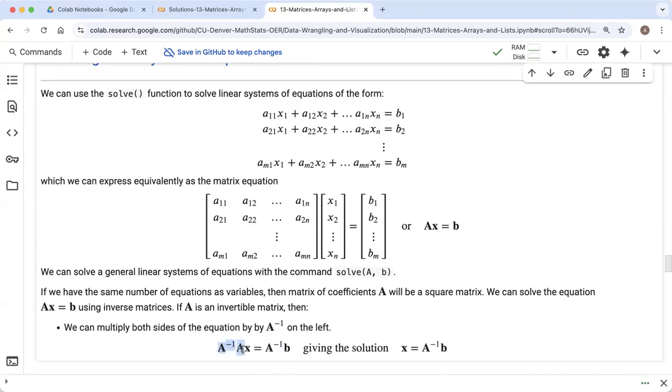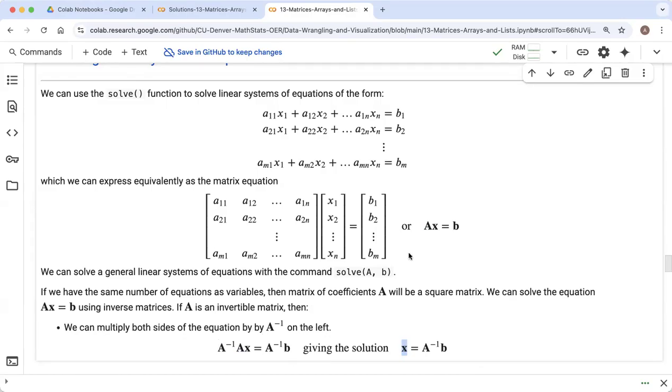And so on the left side of this equation, the product A inverse A just gives me the identity matrix. And the identity matrix times column vector X is just going to give me column vector X. So when I multiply the left side of this equation by A inverse, it cancels out matrix A, and all that's left is X, this column vector of unknowns.